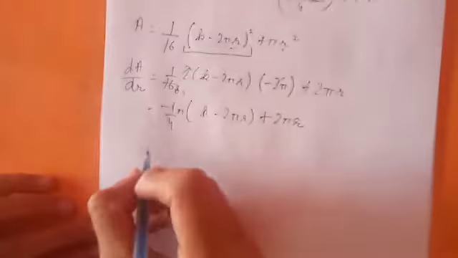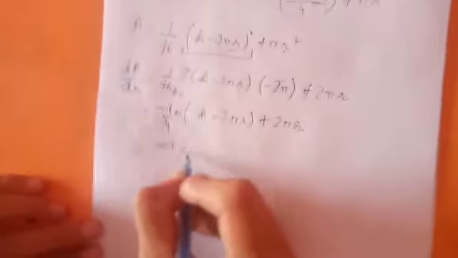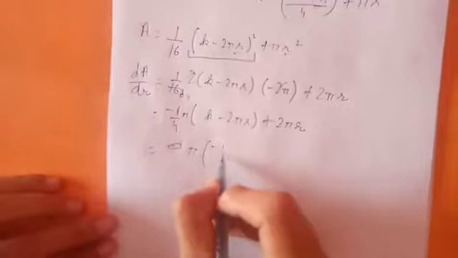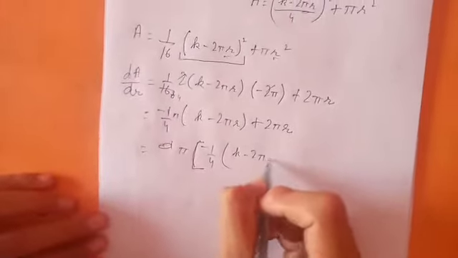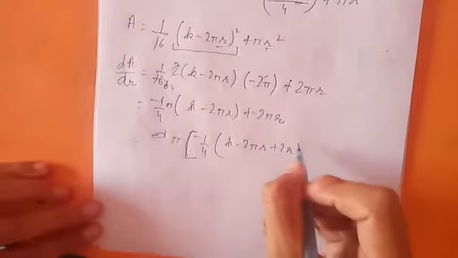Now I can take pi common from here, so it will be pi times minus 1 by 4 into (k minus 2 pi r) plus 2r.